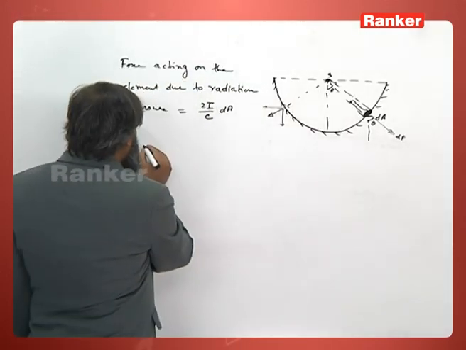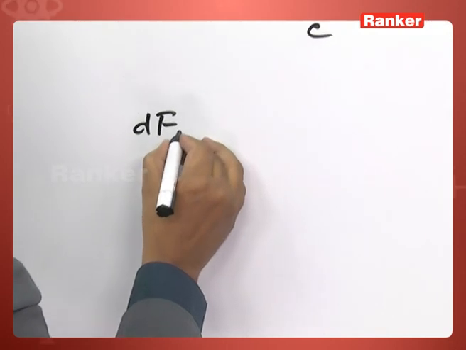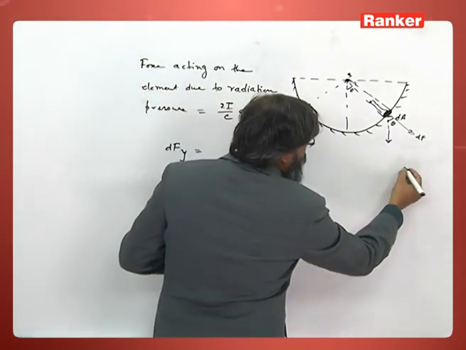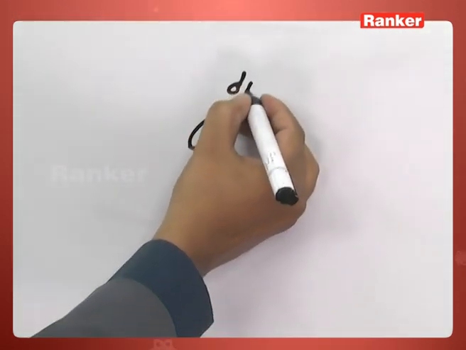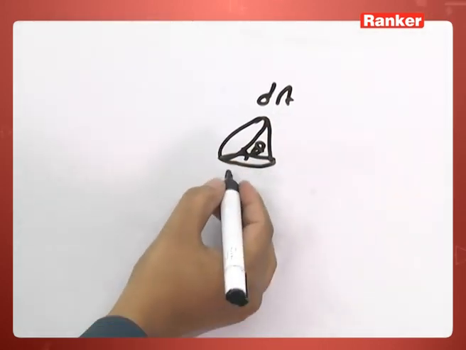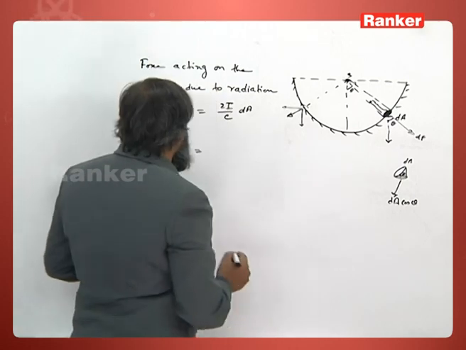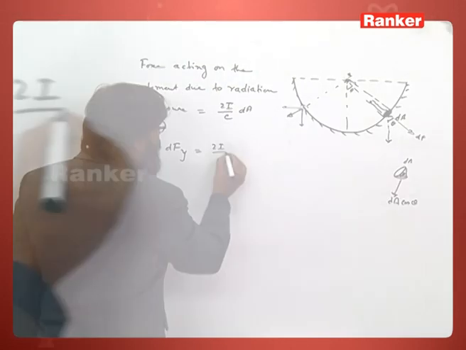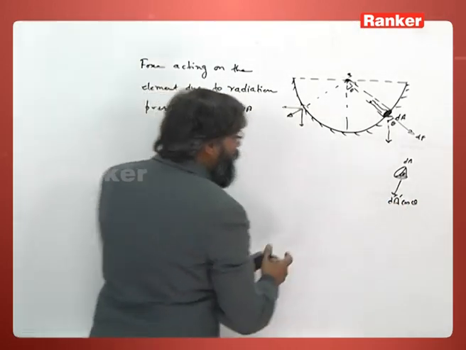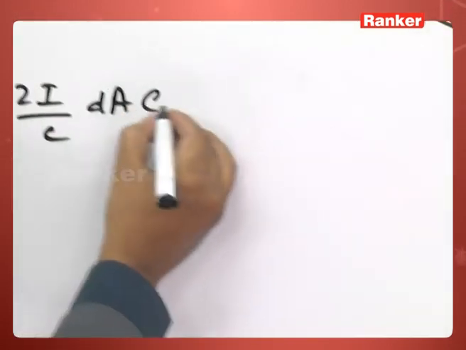So now we are interested in only this component, that is dF along the y axis. This angle is theta, so its projection is going to be dA cos theta.